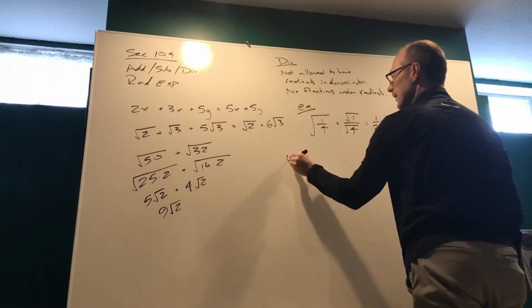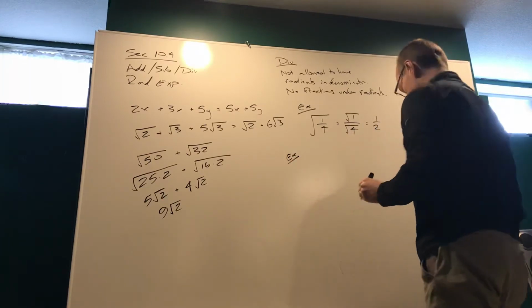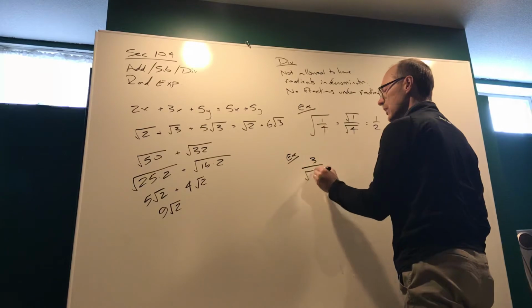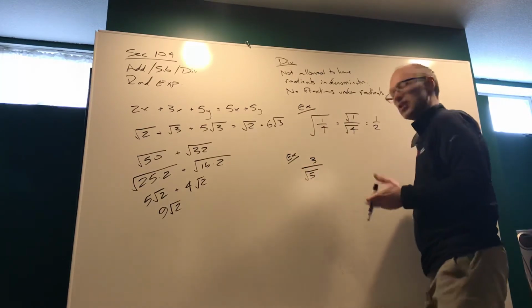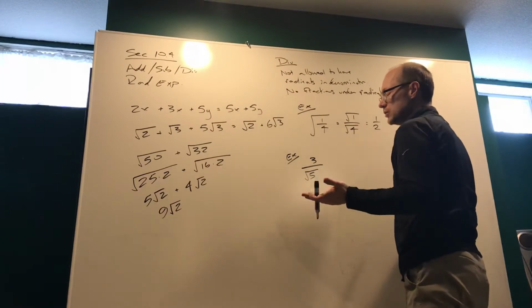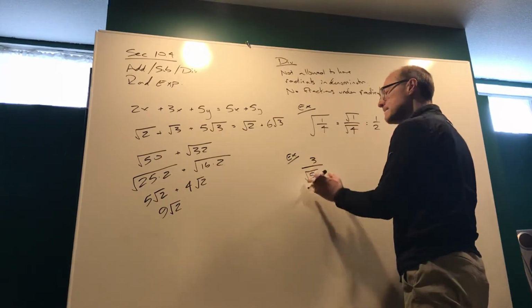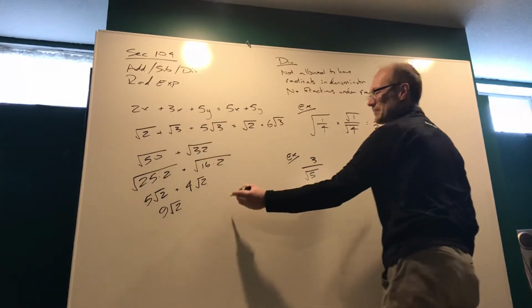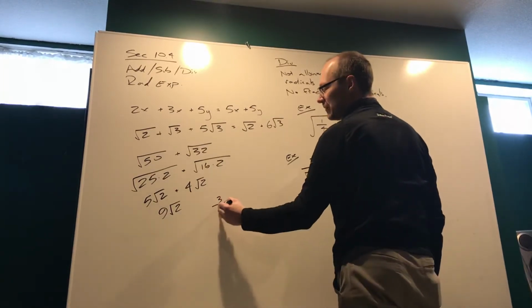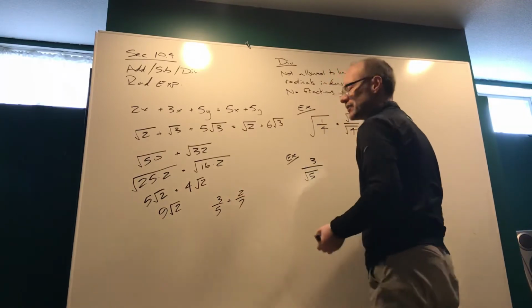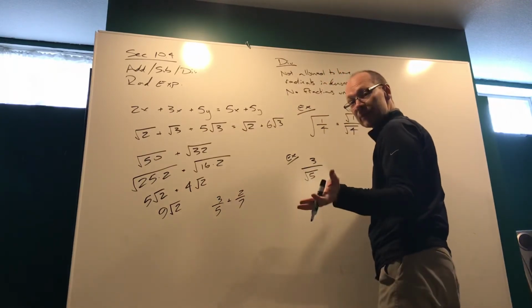So let's say we have another example that would be maybe 3 divided by the square root of 5. Doesn't simplify, you can't reduce any of this, but what you could do is, wow, hey, do you remember this? 3/5 plus 2/7. Can't add those. Denominators aren't the same, right?